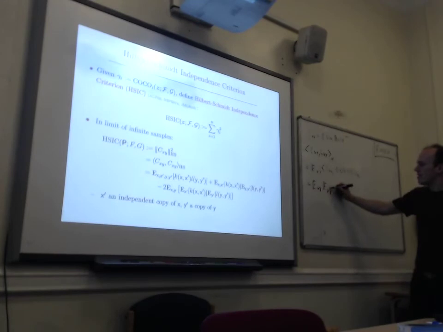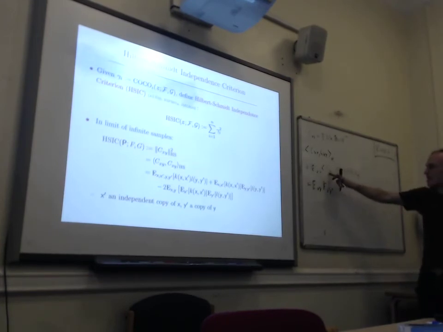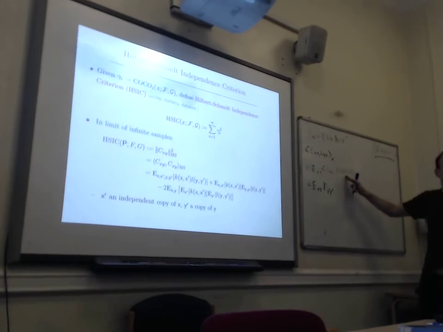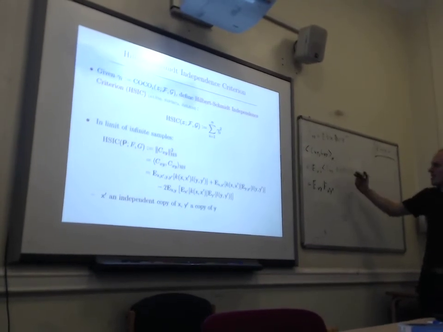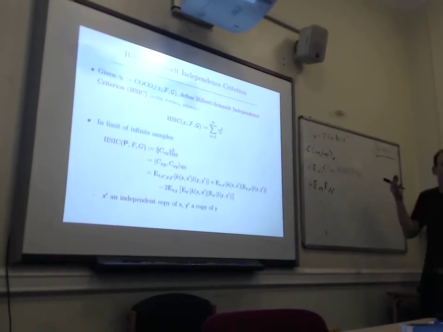Now here, exactly as when I computed the maximum mean discrepancy, I need to take independent copies of my x's and y's, because the random variables for this covariance are independent of the random variables for this one. It's the expectation of a tensor product times the expectation of a tensor product. I can't take the expectation of the products and say it's the same as the product of the expectations, because that's just not true.